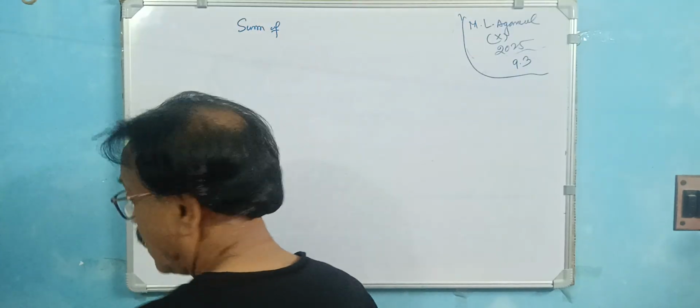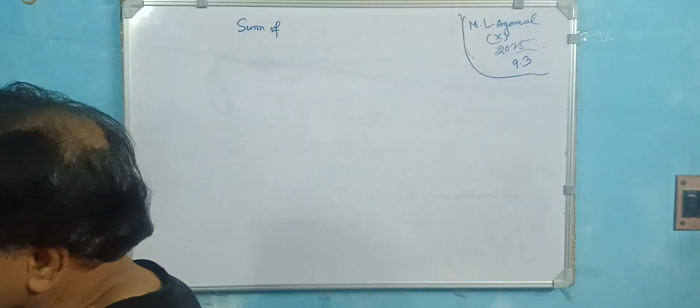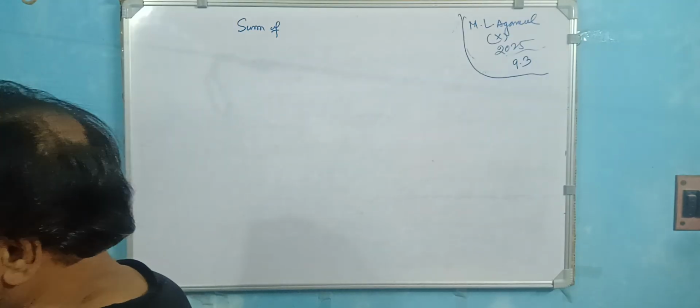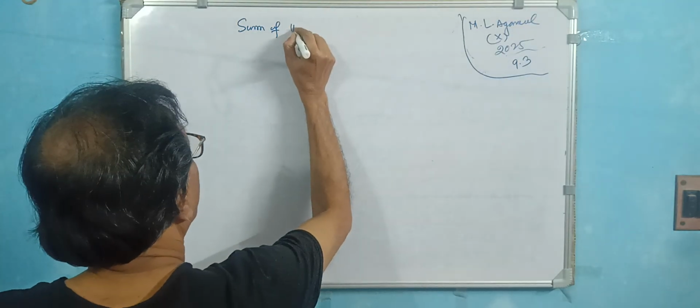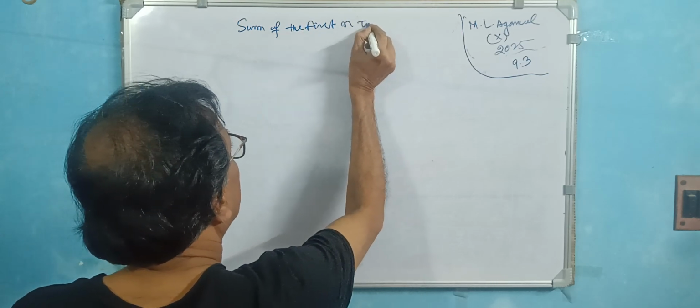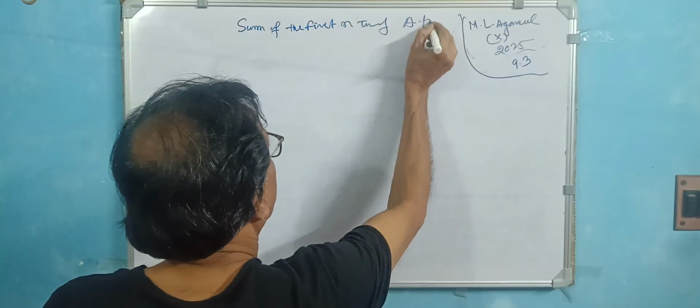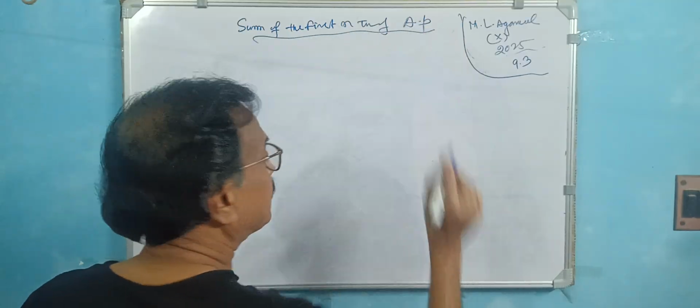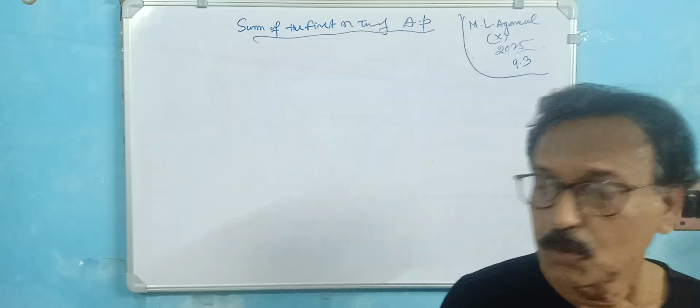of the first 10 terms of AP. Sum of the first n terms of AP. There are two formulas.